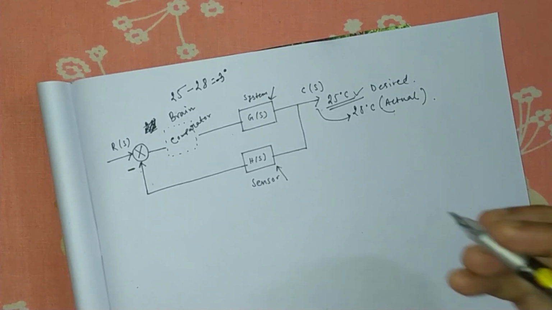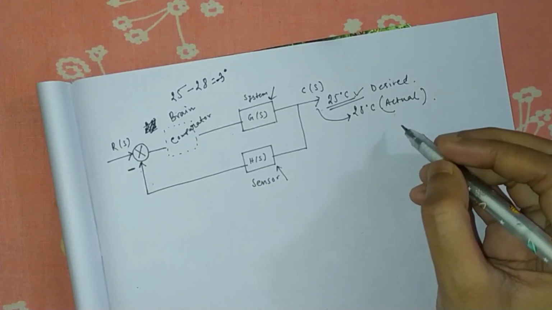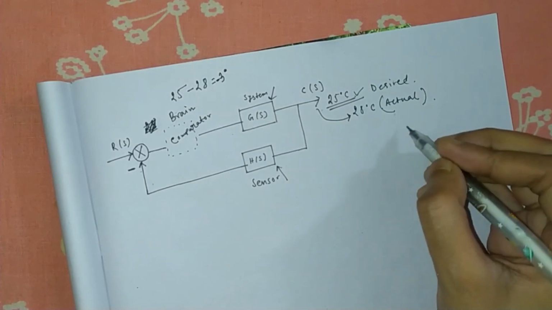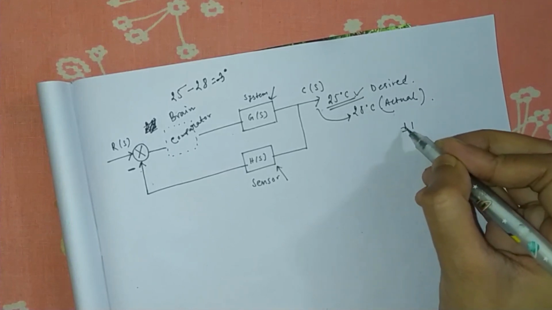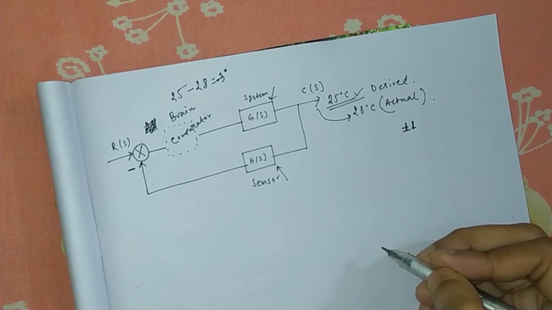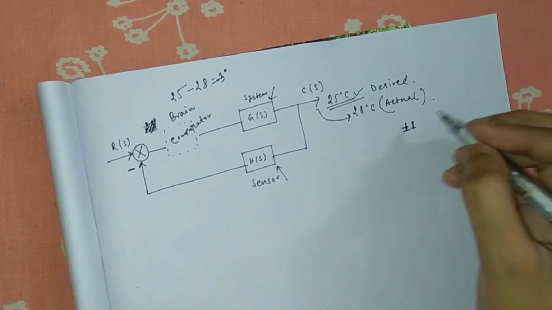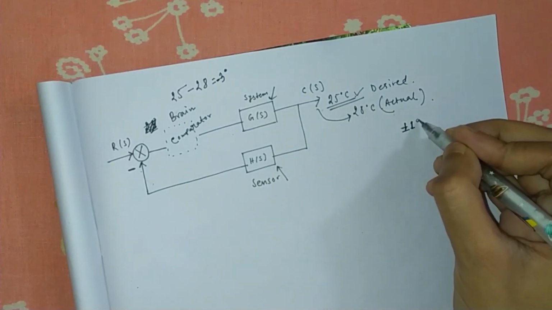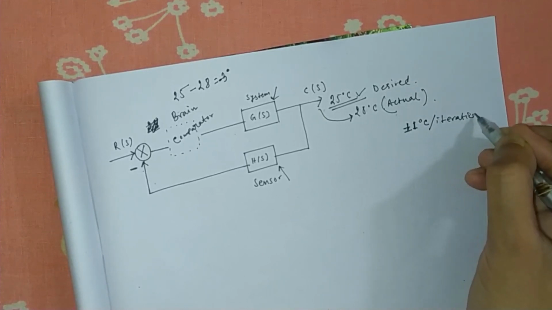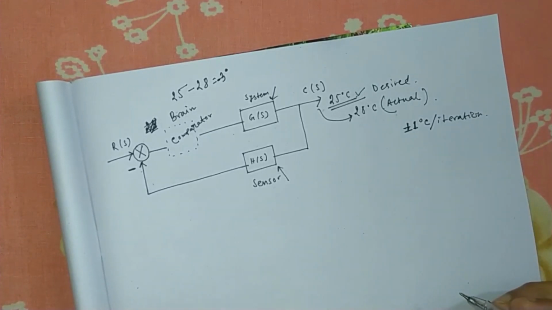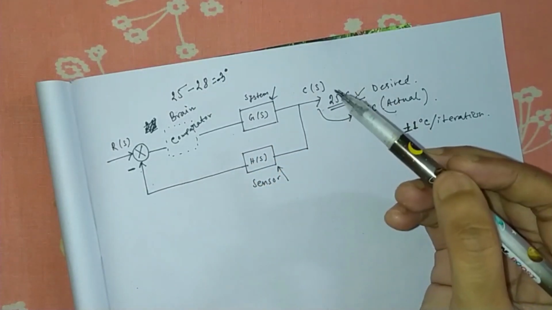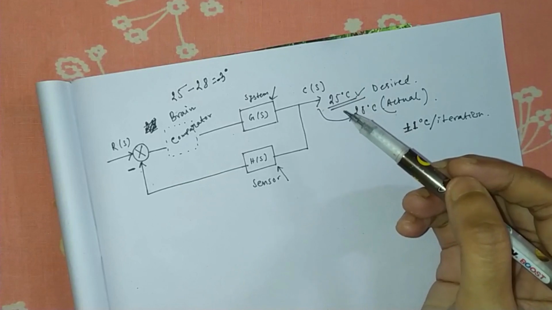I am assuming that this system has an accuracy level of plus minus 1. That means it can increase or decrease the value by 1 degree centigrade per iteration. So it gets minus 3 degrees, and it has to decrease the value by 3 degrees.